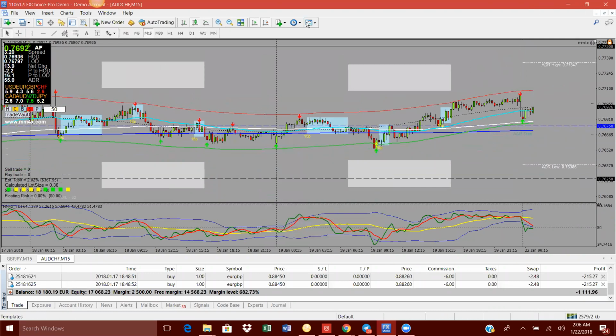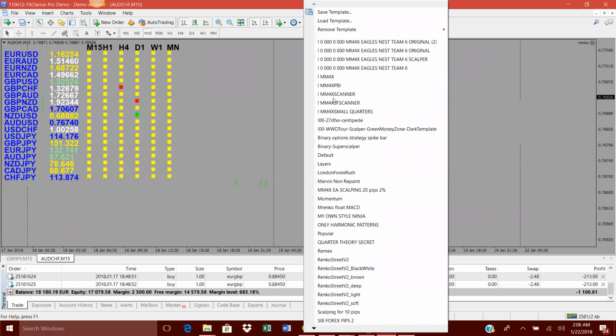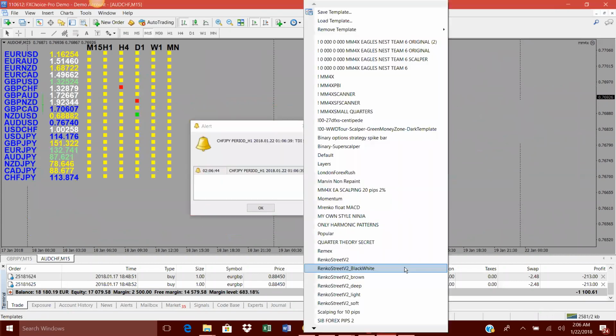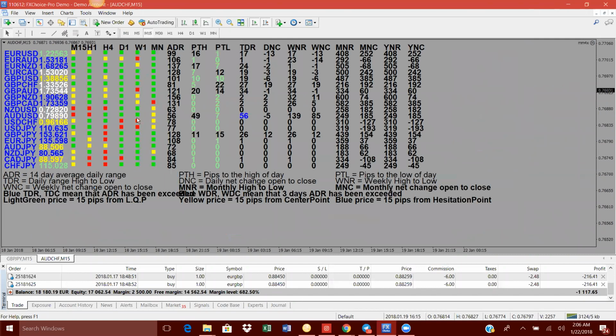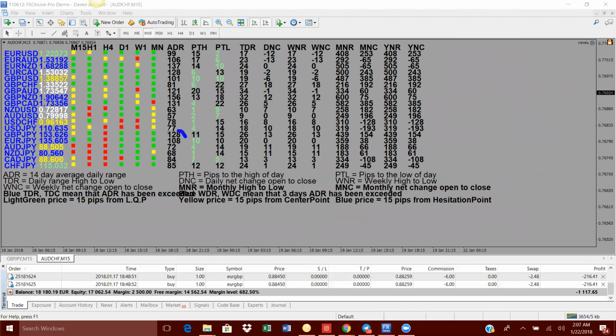Because if we see on the scanner, so that's the scanner, right? You see, the pairs to trade are these, with 100 and something ADRs.